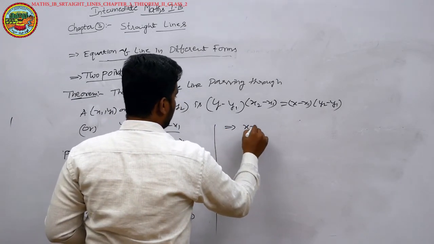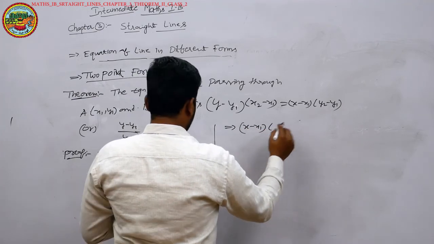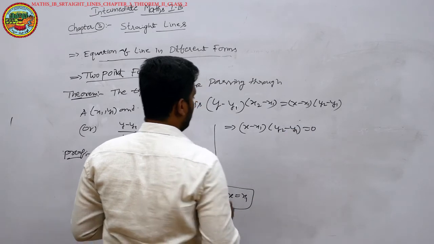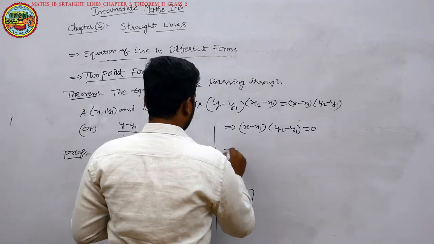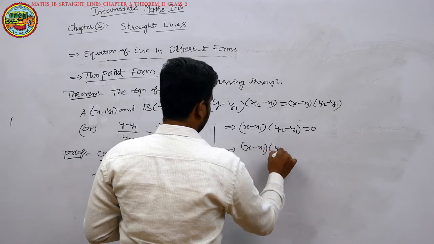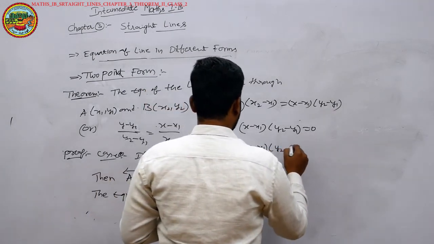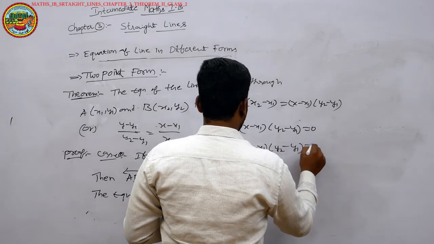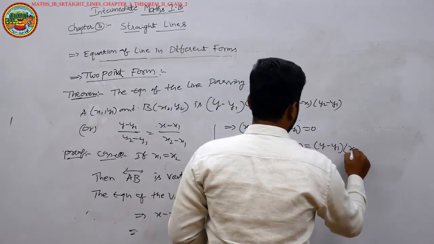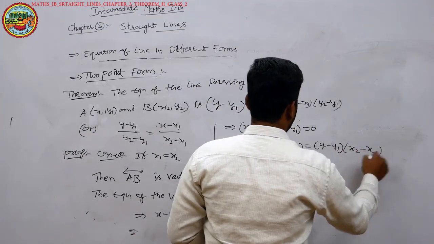Which implies x minus x1 into y2 minus y1 is equal to 0, which implies x minus x1 into y2 minus y1 is equal to y minus y1 into x2 minus x1.